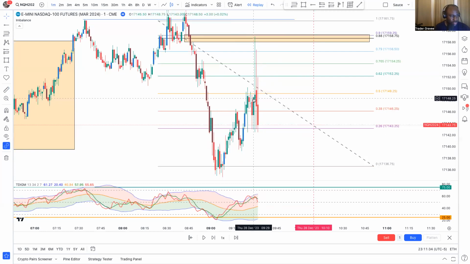You will see this rally up. Whether you are a seller or a buyer, if you're not already in the market and you see this rally up, you might get FOMO, like, oh, we're going up, I'm going to buy. And when it gets here, you push the button. You're not going to get filled here. You're going to get filled here.